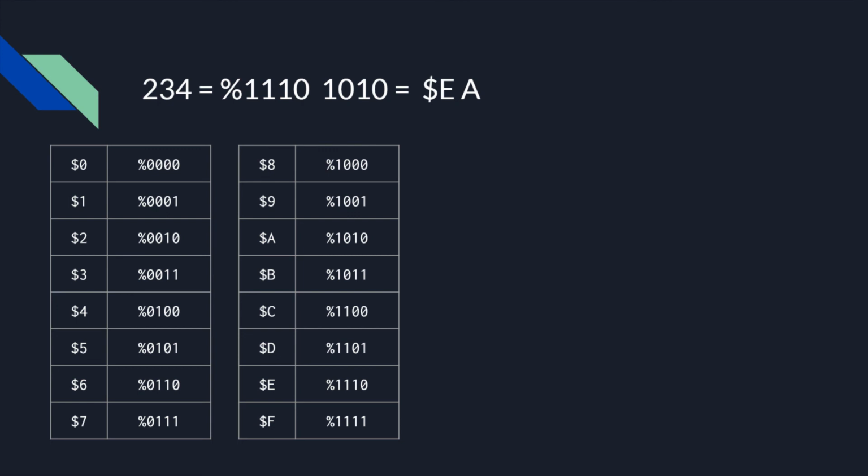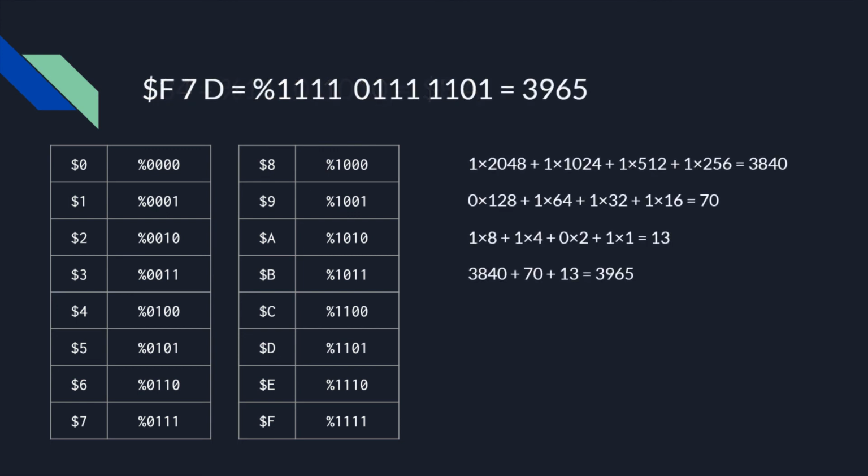And to go back, let's take hex F7D, which from earlier we know is 3,965 in decimal. Let's split it up into 3 parts and take it digit by digit mapping to binary. We see F maps to 1111, so we put that down as the upper 4 bits. We see 7 maps to 0111, so we put that down for the next 4 bits.